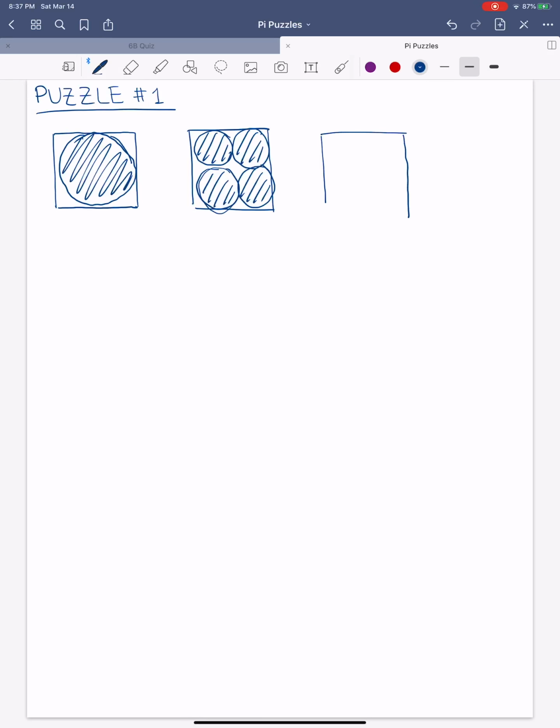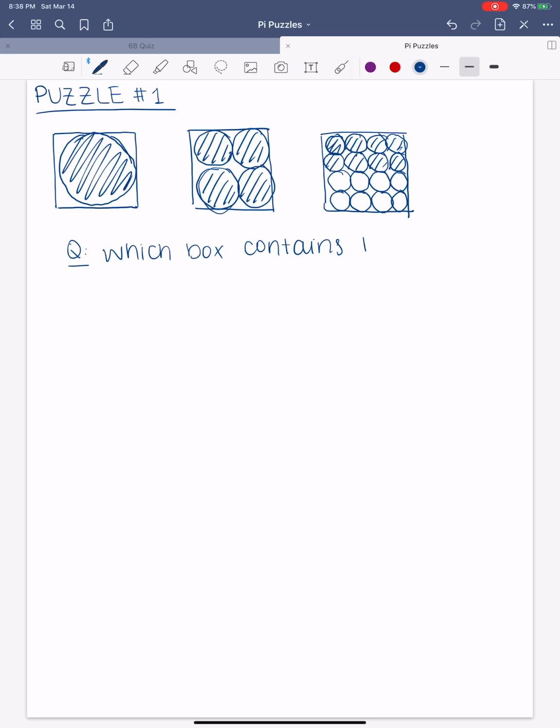But I also have even smaller pies. I have these pies that are so small that 16 of them fit perfectly inside my box. Okay, excuse the bad drawing. So I have all this pie. You get the idea. So the question for you is, which box that I drew contains the most pie?